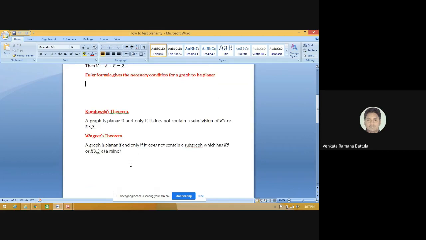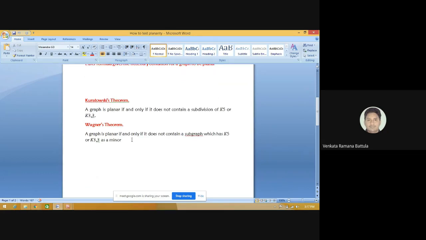In Wagner's theorem, a graph is planar if and only if it does not contain a subgraph which has K5 or K3,3 as a minor. As I already discussed, K5 and K3,3 are not planar. We proved it already; you can find it in my lectures.